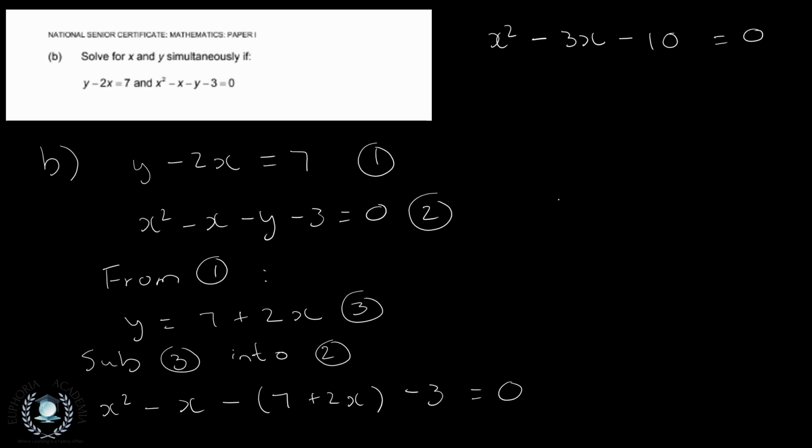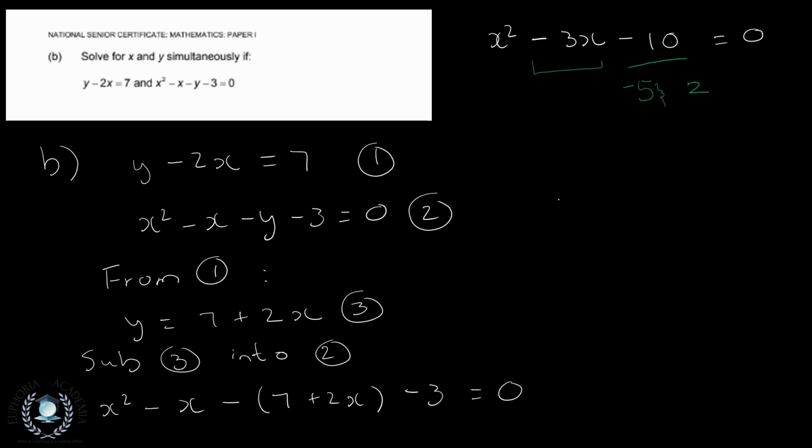Alright, cool. Now, factorizing this, we need to find factors of minus 10 where one is positive and the other one is negative. And when you add them together, we're going to get a result of minus 3. So the bigger one has to be negative because that answer is negative. And we will see that what gets us that is actually a minus 5 and a 2, because 2 minus 5 is minus 3.